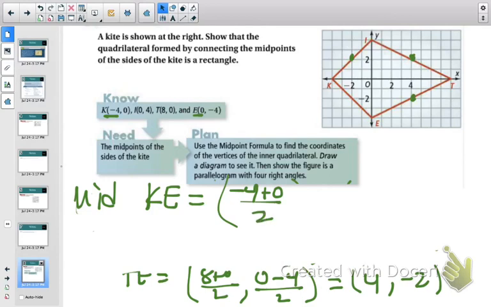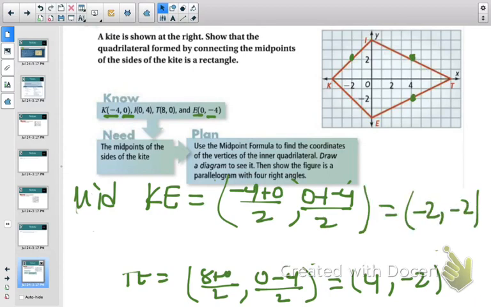Average of the y's, 0 and -4, so 0 plus -4 divided by 2, so we get -2, -2. So that's that point right here.